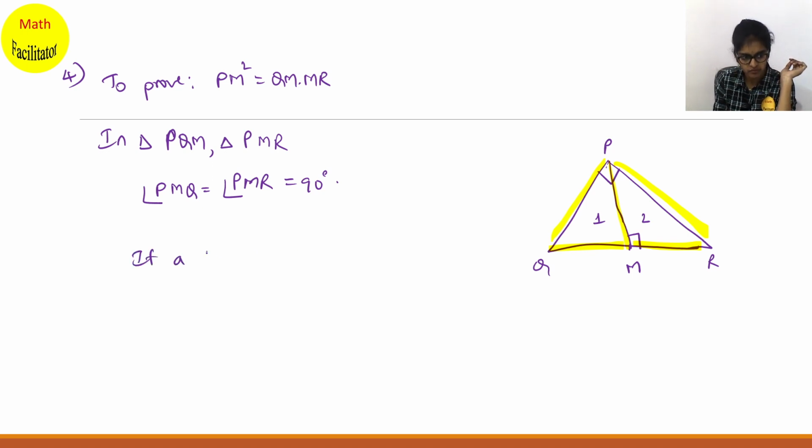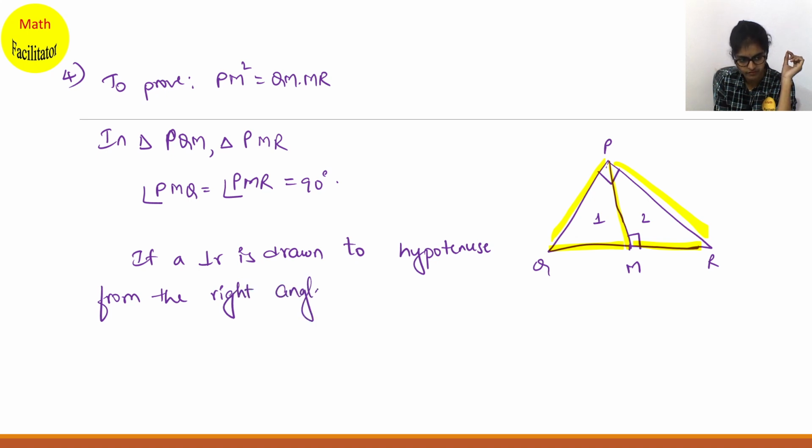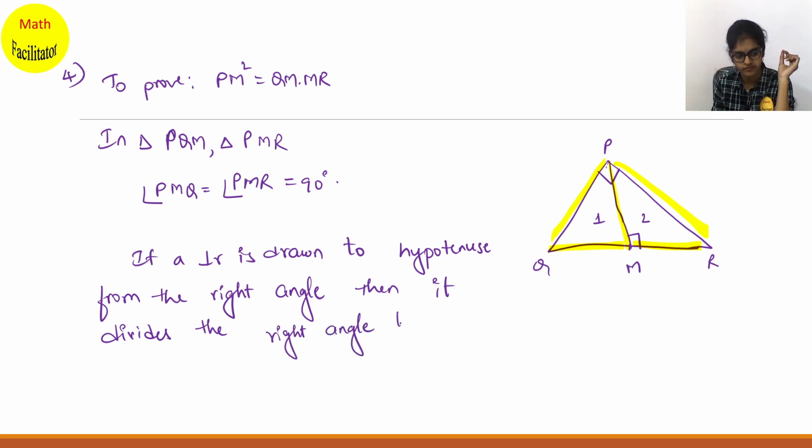If a perpendicular is drawn to the hypotenuse from the right angle, then it divides the triangle into two similar triangles.